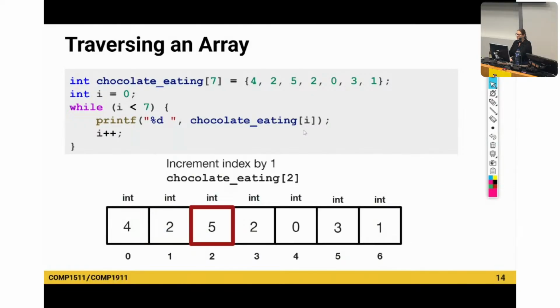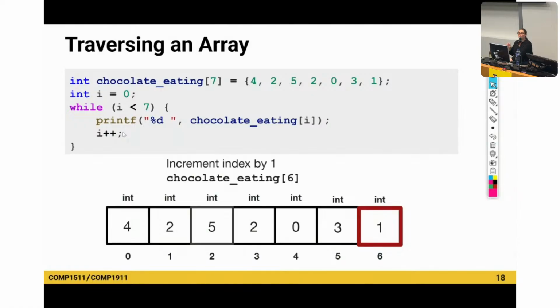Then when i is 2, we'd be printing out the next one. i gets incremented to 3. We print that out, 4, and so on. Eventually, i is equal to 6. We print this one out. We do this increment and i will be equal to 7 and the loop will stop. And we've gone from the beginning to the end of our array and printed them all out.